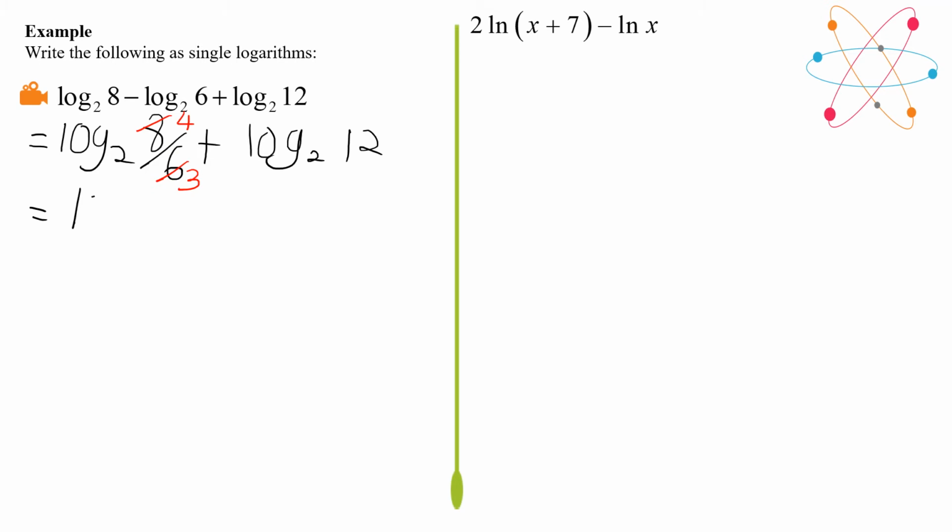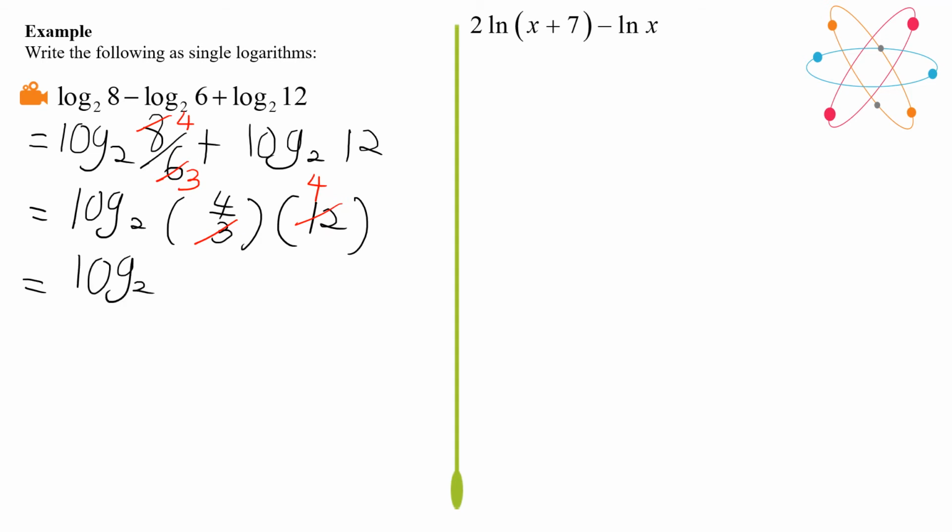Still refer to the laws of logarithms. Simplify it. 4 times 4 is 16.